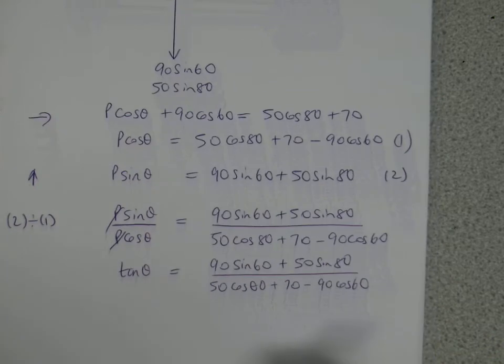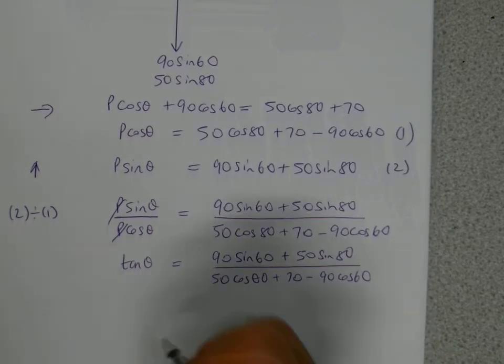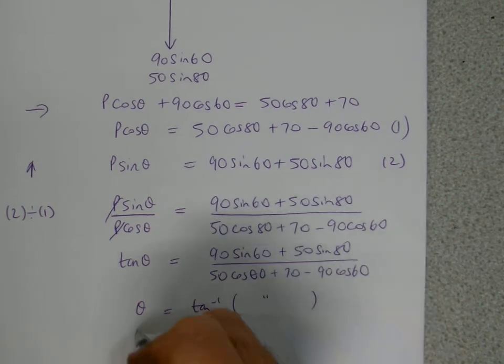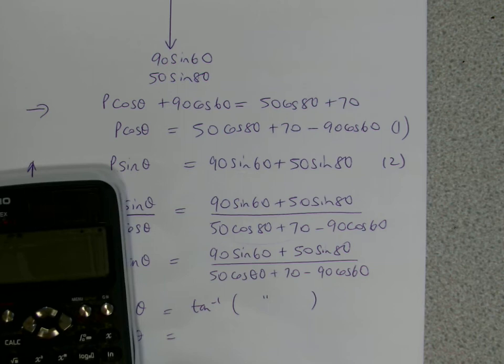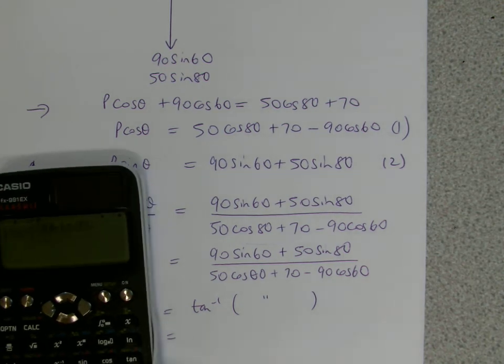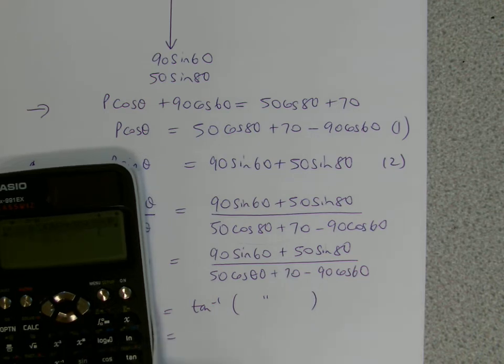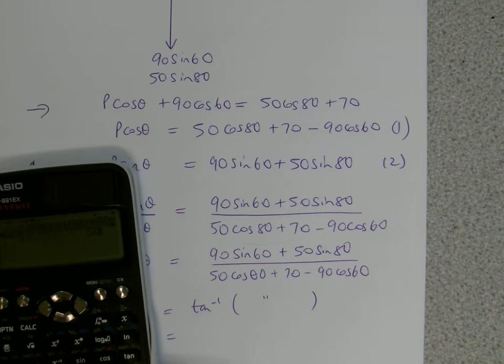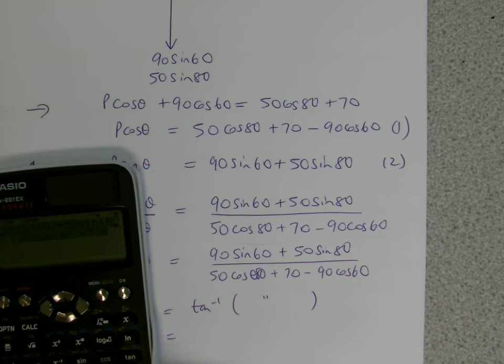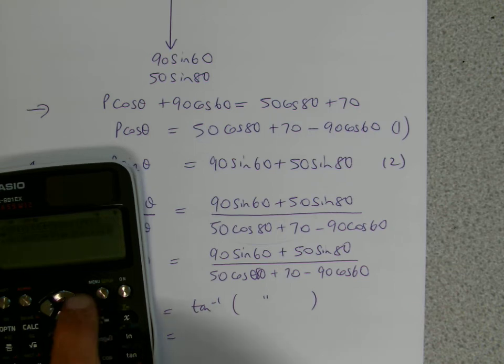Then to get my theta, I need to do tan to the minus 1 of all of the above. So I get my calculator and type all that in: shift tan, fraction, 90 sine 60 plus 50 sine 80, all over 50 cos 80 plus 70 minus 90 cos 60, and then I close that big bracket.